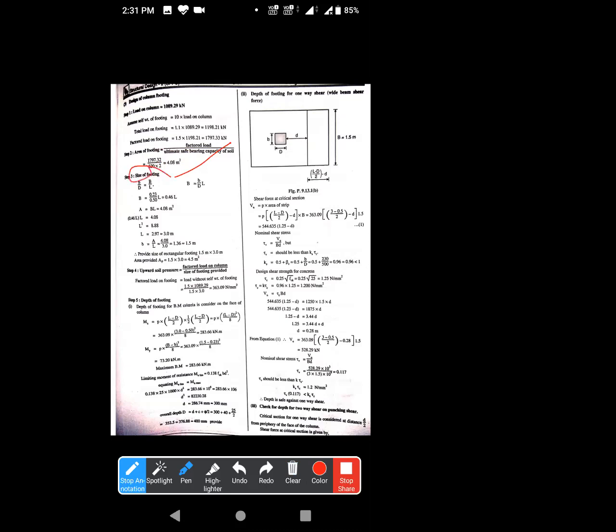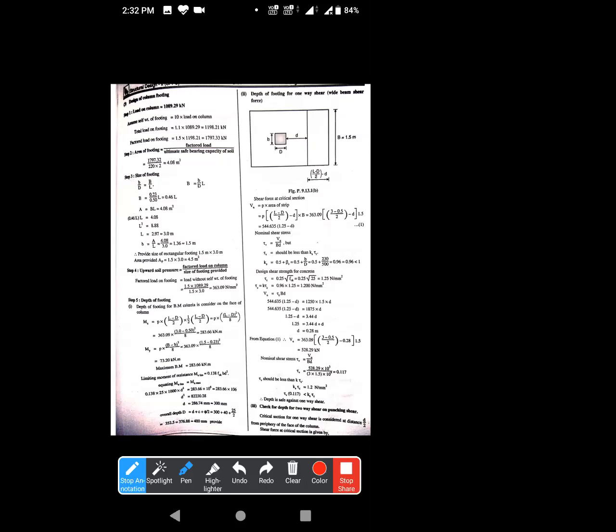Now size of footing: you know the area, now you have to find the size of your footing. B upon L is equal to 0.46, that is nothing but B is equal to 0.46 times of your L. Area is B times L equal to 4.08 meter square.